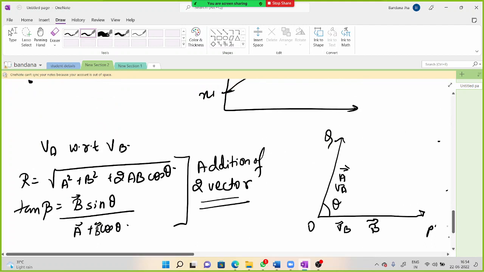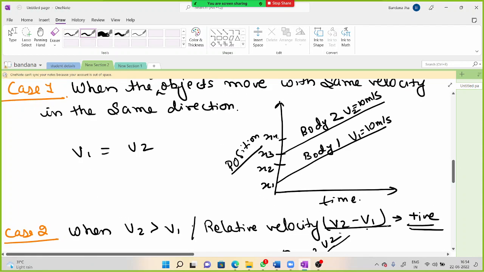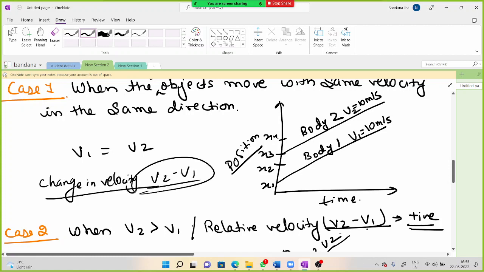So here we will do subtraction. Why, ma'am? Because for relative velocity, what do we do? V2 minus V1, the change in velocity. Right or wrong? V2 minus V1. Here we are subtracting, we are not adding.